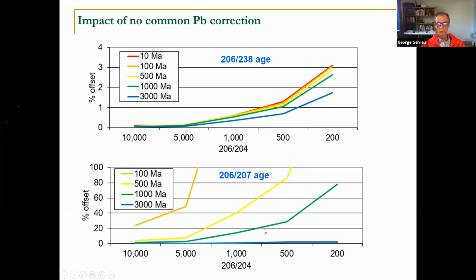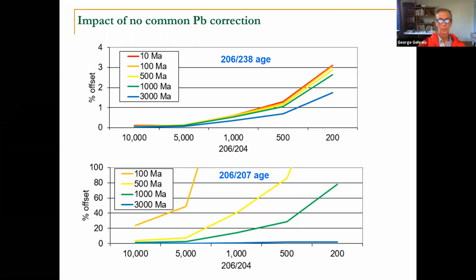If it's a billion years, we'll look at this. You're going to be 20% too old, 30, 40, 50, 60. If you're looking at a Phanerozoic sample, 500 Ma, you're going to be 100% too old. So this is really bad news. If you don't do this common lead correction, every age that you calculate from your sample is going to be too old, and you won't know how much too old it is because you don't know how much 204 is in your sample.